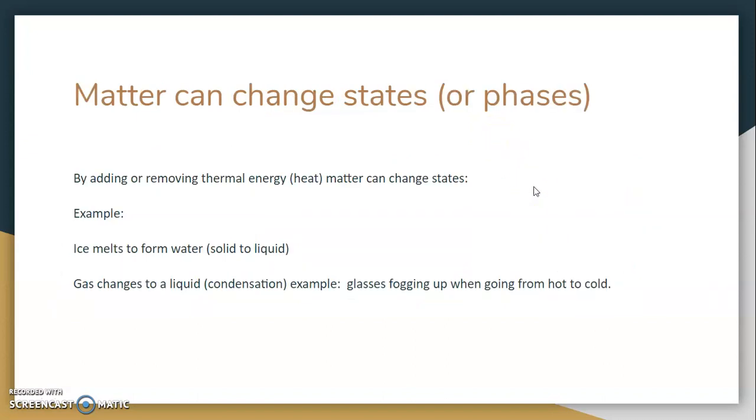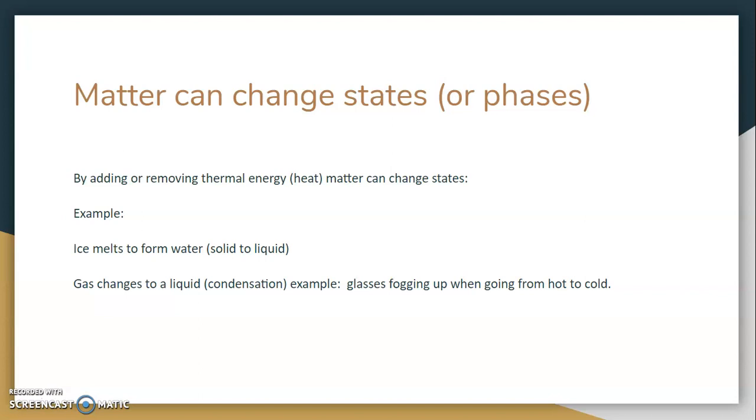So matter can change states or phases by adding or removing thermal energy. And we said every time you hear thermal energy, you need to think of the word heat. So for example, if I have a solid ice cube and I add thermal energy, or I add heat to it, that's going to take it from a solid to a liquid.